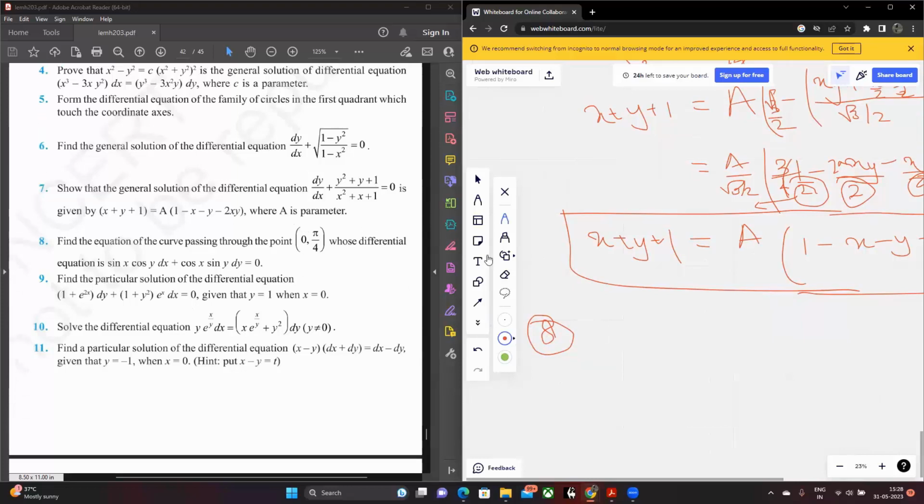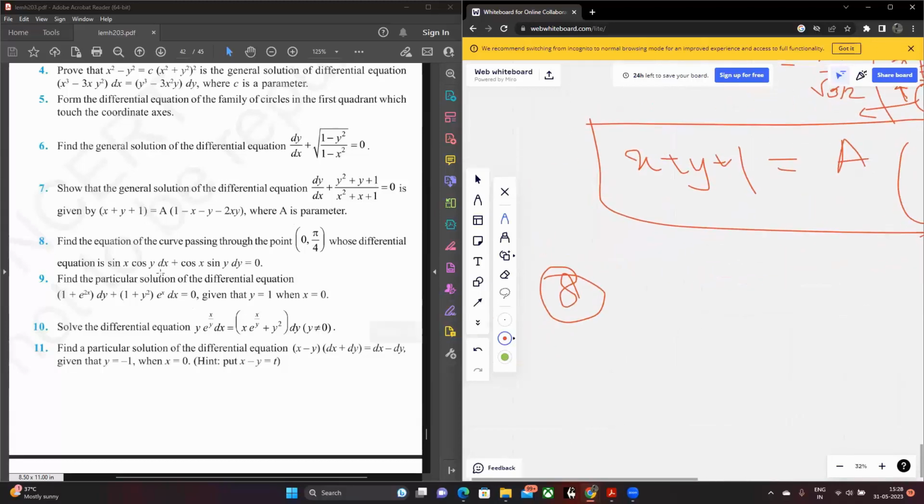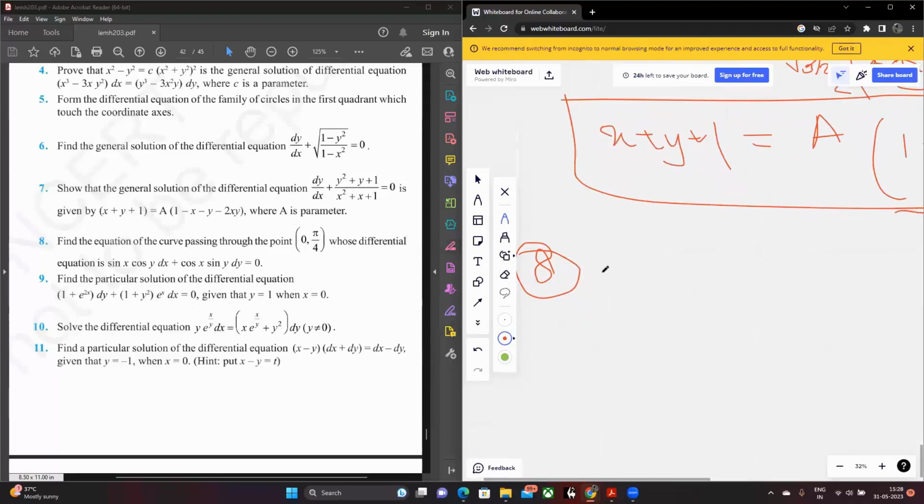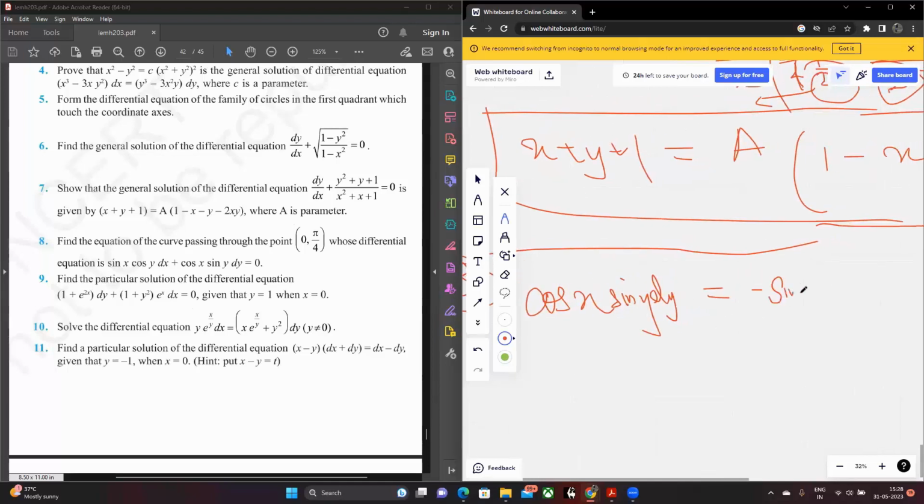Find the equation of the curve passing through the point (0, pi by 4) whose differential equation is sin x cos y dx plus cos x sin y dy equals 0. This is a variable separable form, right? I'll write this first as cos x sin y dy equaling minus sin x cos y dx.